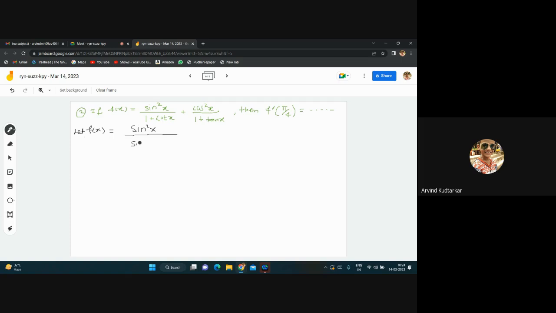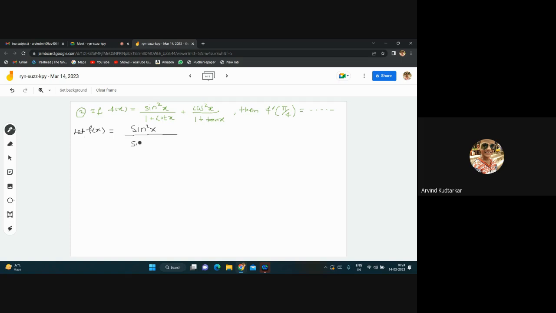And that sin x will shift to the numerator directly. So we get sin cube x upon sin x plus cos x, after taking the LCM and expanding.